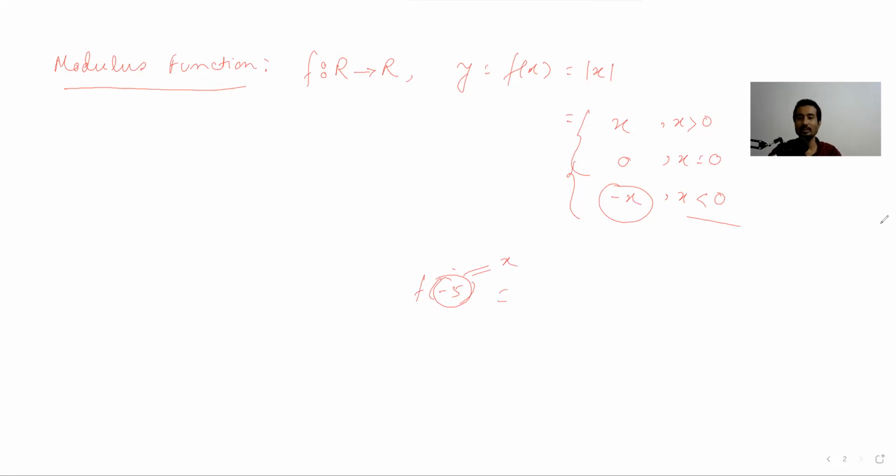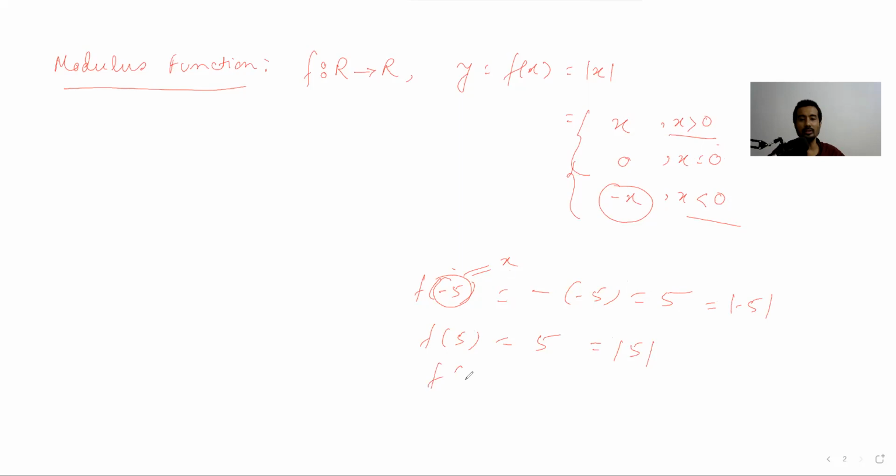You take the last condition, -x. That is, you take minus of minus 5, which gives you the value 5, which is the modulus of minus 5. And if it is 5, then there is nothing to do. 5 already satisfies the first condition, that x is a positive quantity. So we will take its value as 5. As you know, modulus of 5 equals 5.